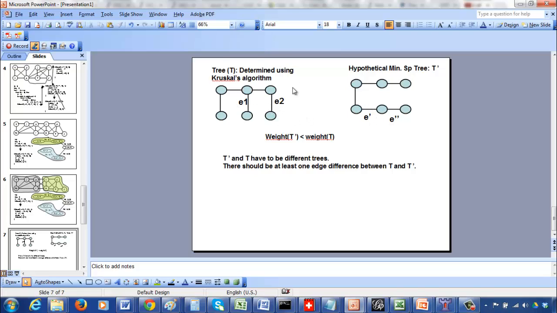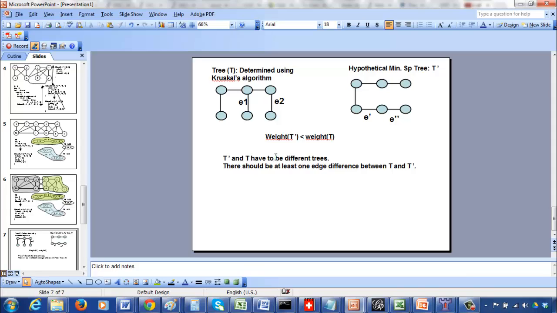Another edge difference is an edge E2 here in T that is not in T prime, and there should be an equivalent edge E double prime that is in T prime and not in T. So in this example, we have two edge differences between the two trees. There are two edges which are here, not here. Likewise, there are two edges here that are not here.